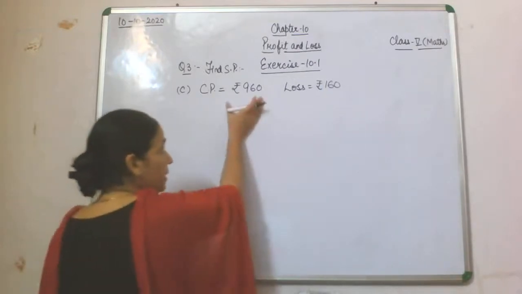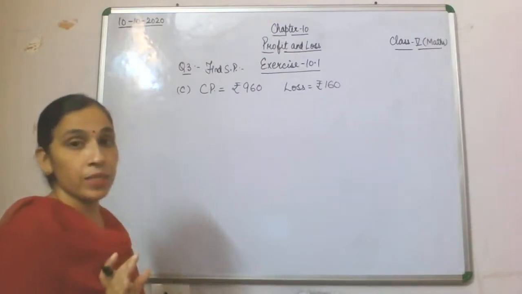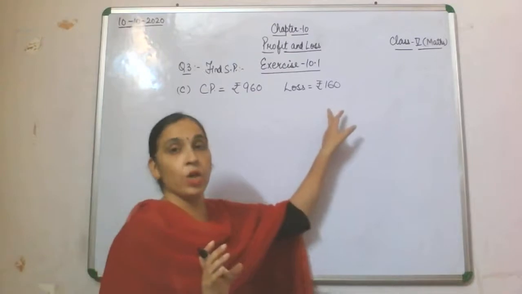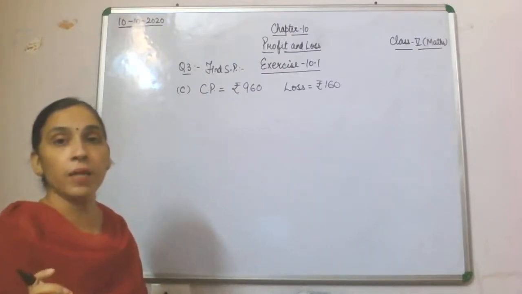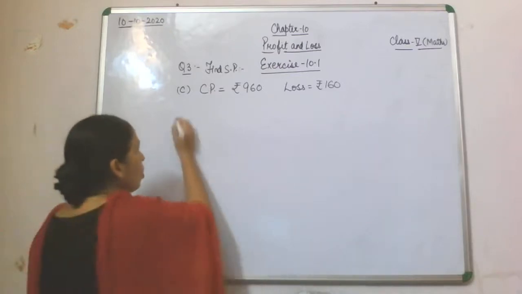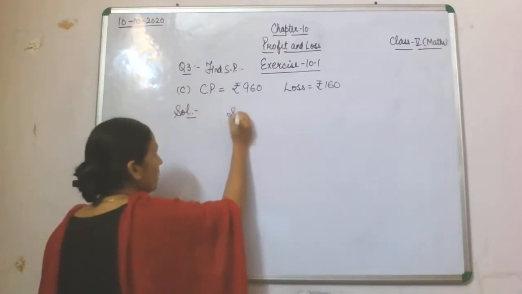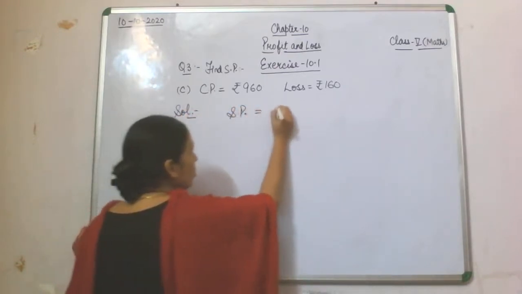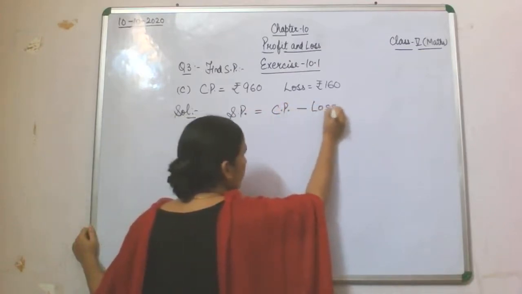It means the item was bought for 960 rupees, but it is sold at a loss of 160. So for finding selling price, that loss will be subtracted from your cost price.